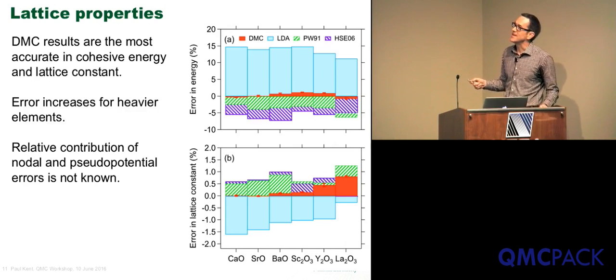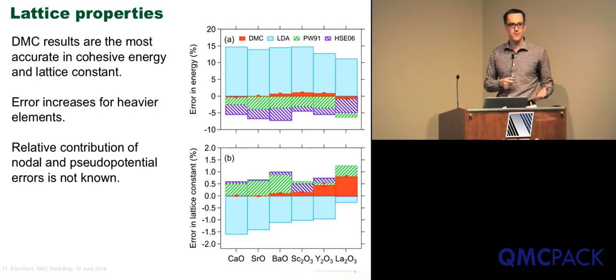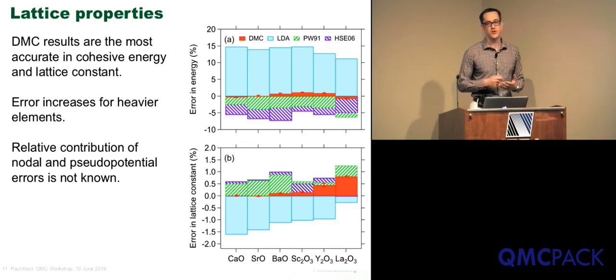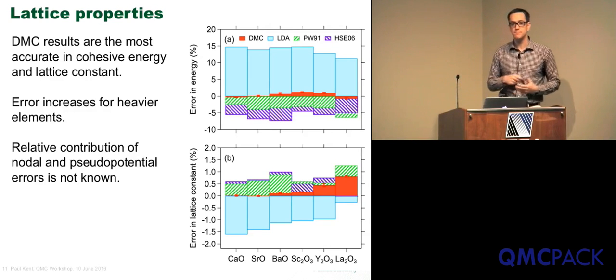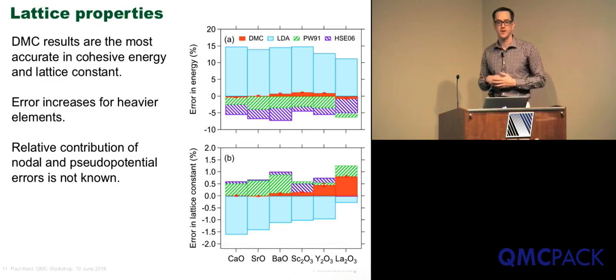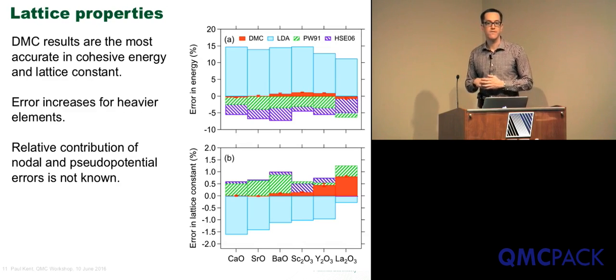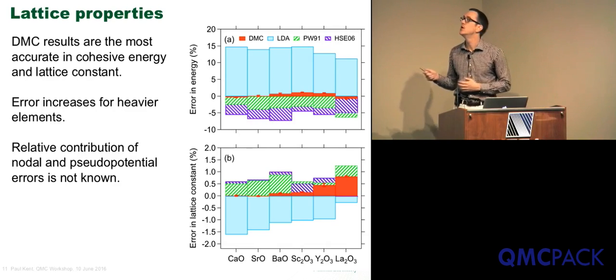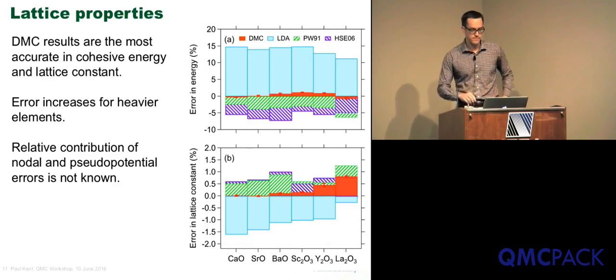Clearly, it's going to be some contribution of nodal surface and pseudopotential errors, but at this stage, we don't know. So that's actually a research topic. Can one make a better pseudopotential with smaller errors here? Or do we really need to optimize the orbitals in the trial wave function, or use a more sophisticated trial wave function, such as backflow, to reduce this error?